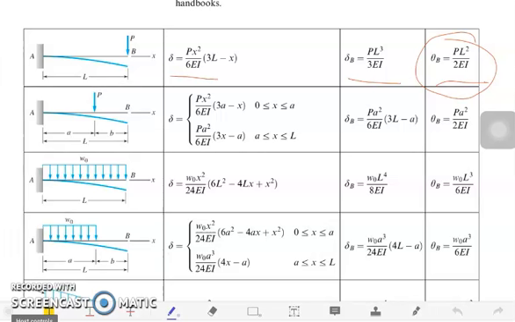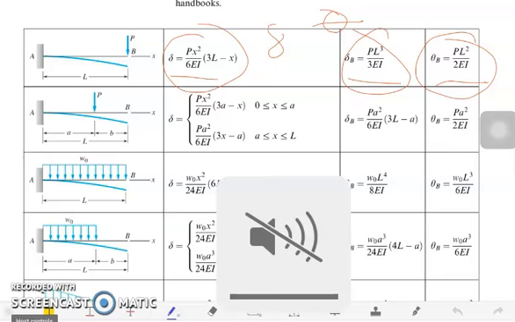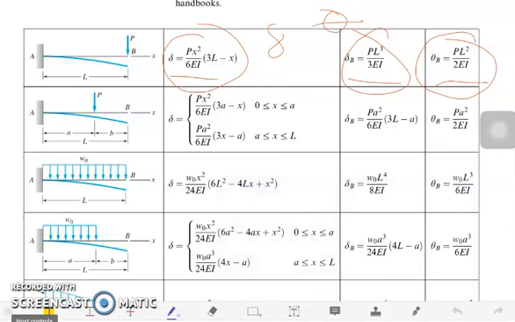This one refers to our deflections, and this one refers to our slope. We have different formulas that we will use to solve for the deflection as well as the slope of a cantilever beam, depending on the loading acting on the beam.